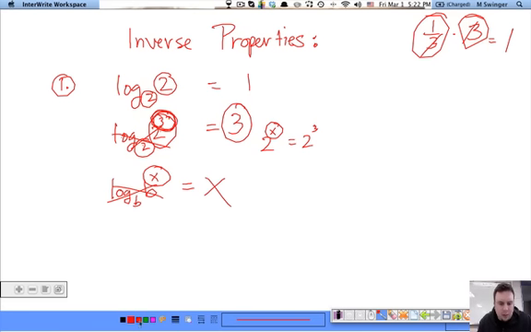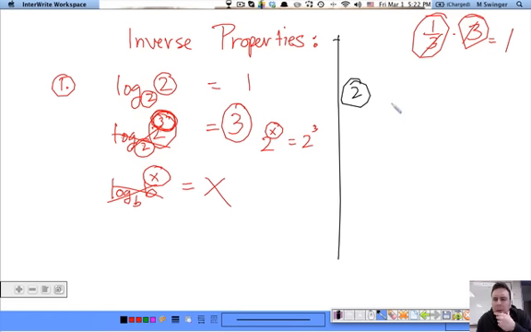So there's another property though. Know that property. That's the easy one. If you see log base 2 of 2, everybody usually gets these right. The other property, property number 2, looks like this. Let me give you an example first. 3 to the power of log base 3 of x.